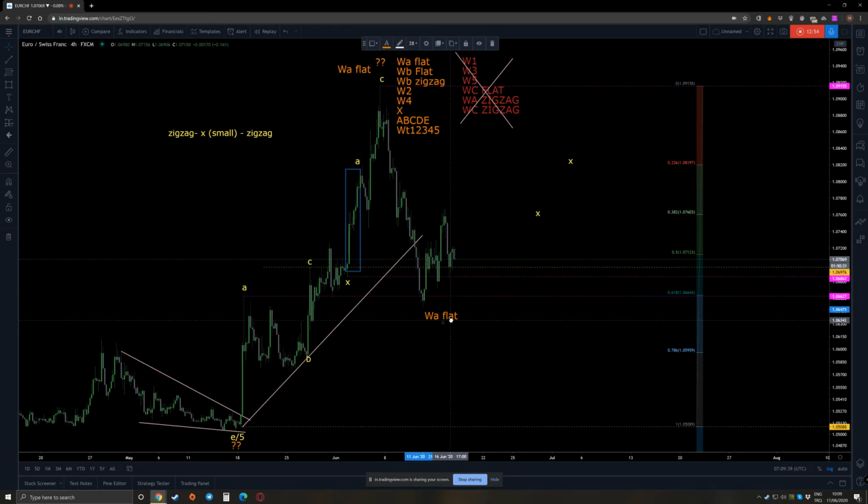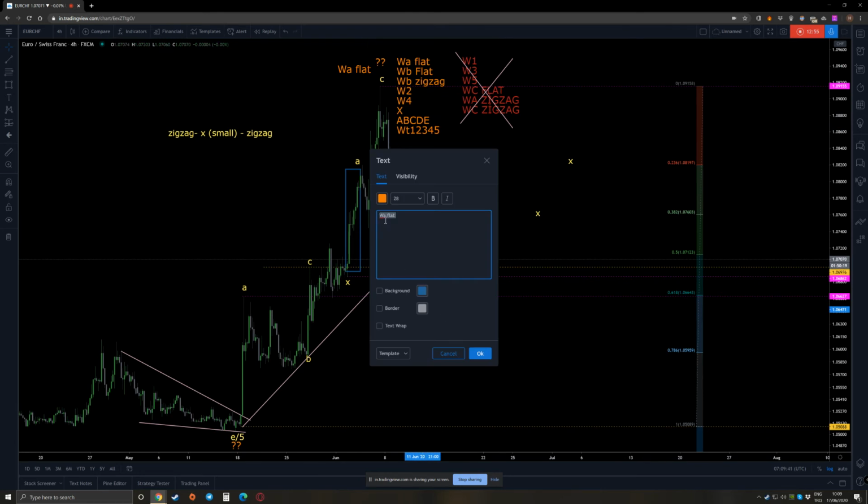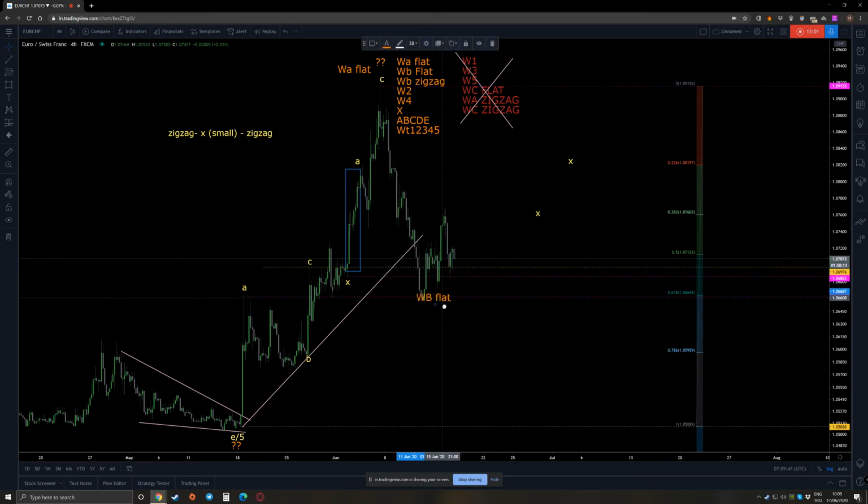It doesn't mean that this is the wave B of a flat. Maybe we are still in wave B of a flat, okay? So just because it did touch 0.618, we don't immediately assume that this is the wave B and let's go for wave C, okay? Maybe this B wave will be a strong one. It will come all the way back, okay?